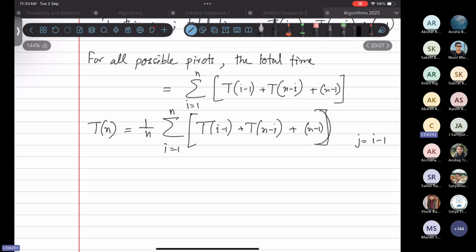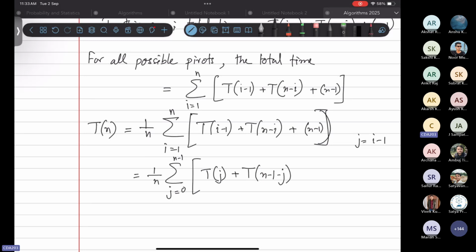I'm taking j to be I minus 1. Then in terms of j, j should run from 0 to n minus 1, and this will be Tj plus T of n minus 1 minus j.